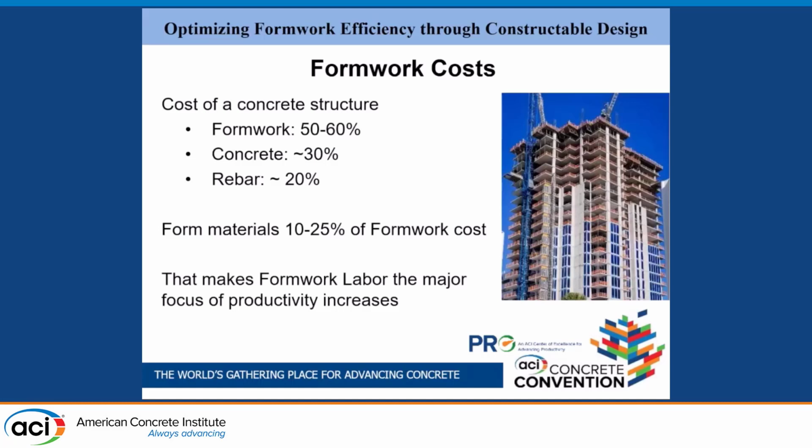Concrete comes in at about 30% and rebar about 20%. And then the form materials of that are about 10 to 25% of the formwork cost. So of that 50 to 60%, 10 to 25% of that is the form materials themselves. That leaves a whole lot of the rest of it over for formwork labor.